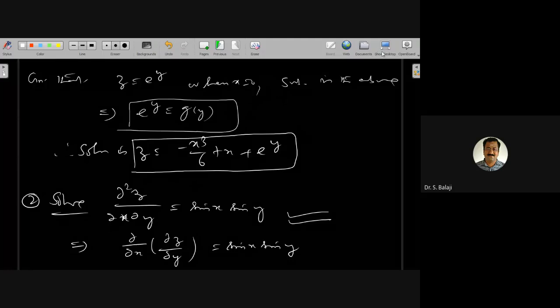What about your answer here? Is that equal to z equals cos x cos y plus g of y plus h of x?